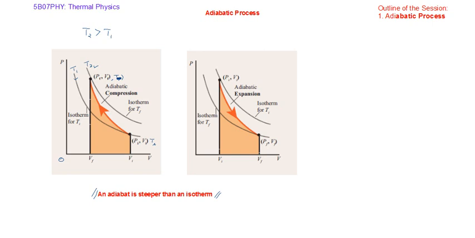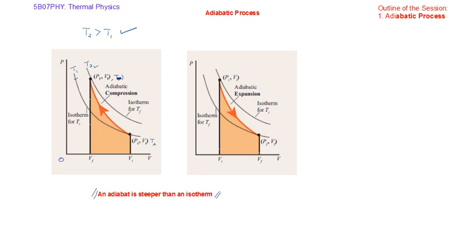So now you can once again verify your concepts using these conclusions, because this is an adiabatic compression. The final temperature in adiabatic compression has been labeled now as TF or T2 here, and we have already concluded that T2 is greater than T1. So you can see that our concepts are matching.